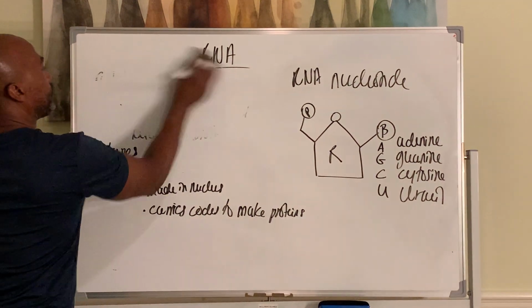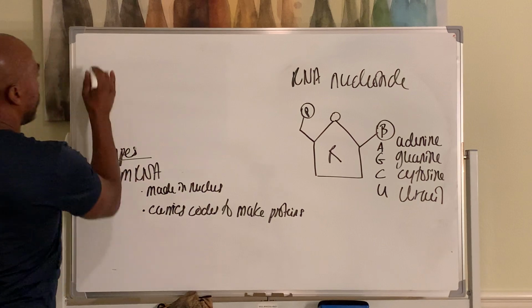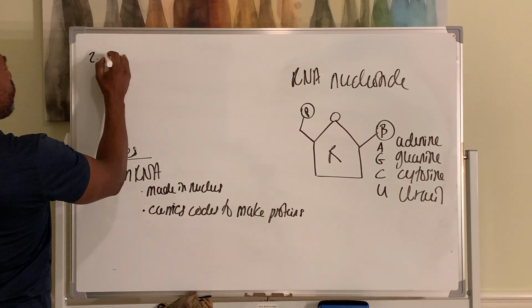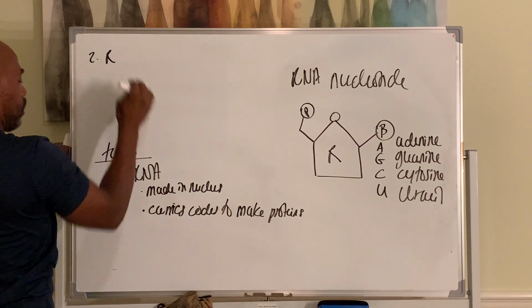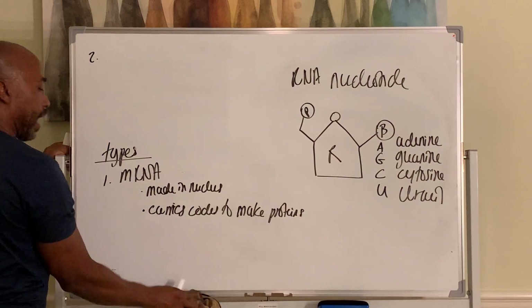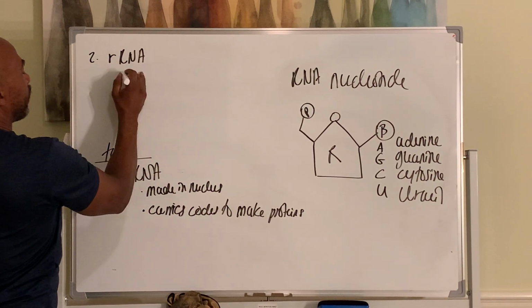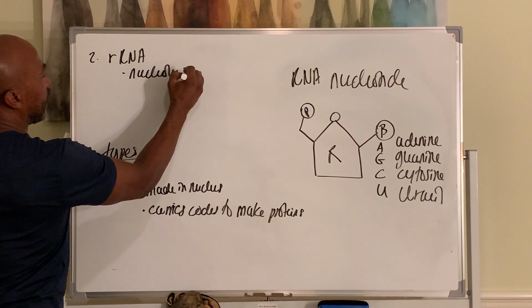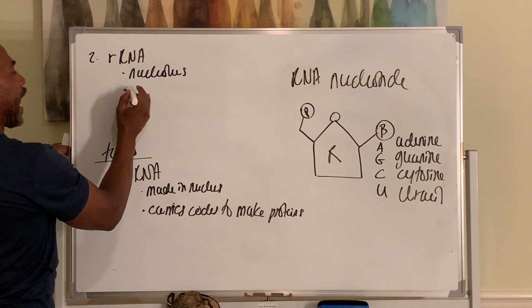That's one type. Another type of RNA is rRNA, small r, which stands for ribosomal RNA, made in the nucleolus, which is a part of the nucleus, again from DNA. rRNA acts like an enzyme.